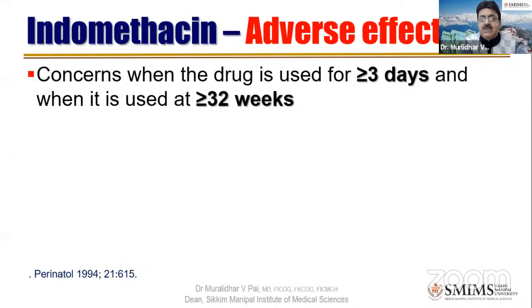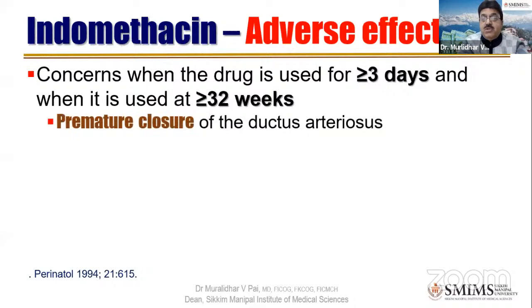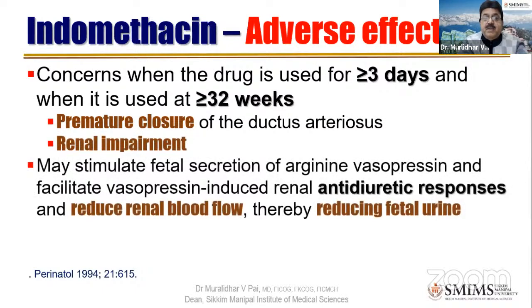The concerns arise when the drug is used for more than 3 days, that's why it is advised less than 48 hours, and when it is used beyond 32 weeks: premature closure of ductus arteriosus, renal impairment in the baby. It may stimulate fetal secretion of arginine vasopressin and facilitate vasopressin-induced renal antidiuretic responses. That's why it reduces the amniotic fluid.